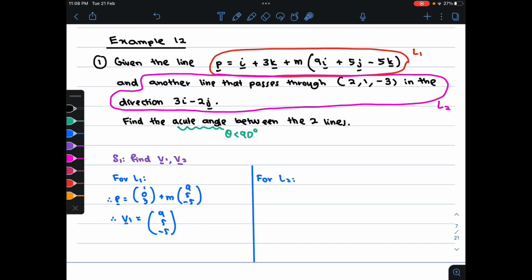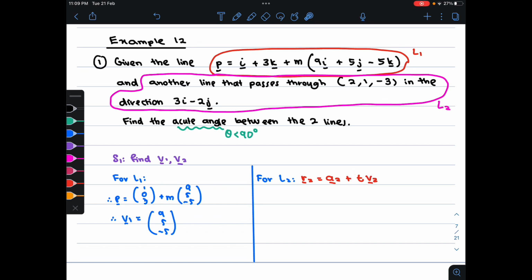For L2, we know that the line passes through this point, which is fixed, in the direction 3i minus 2j. So if you have the words in the direction, this is the direction vector v. We can use t because here in L1 we have m. So we can use t here for L2.